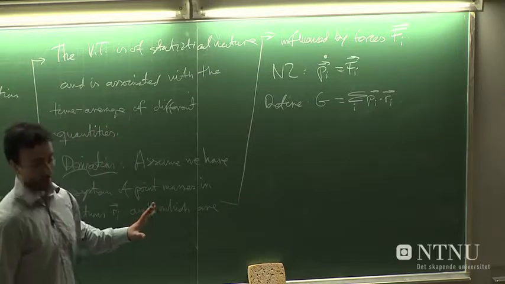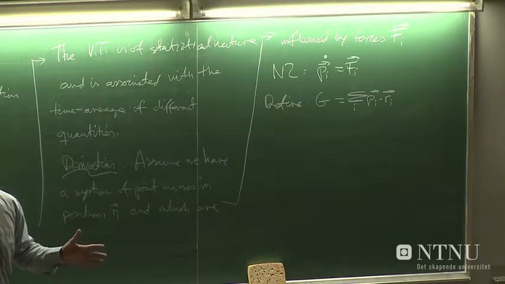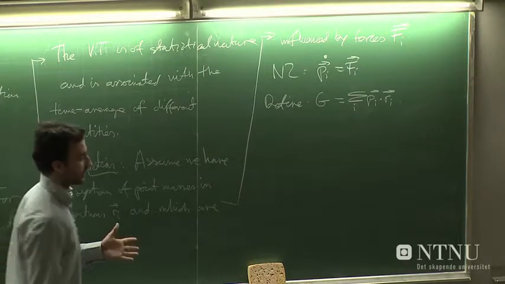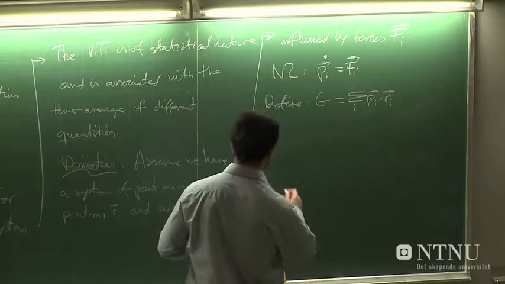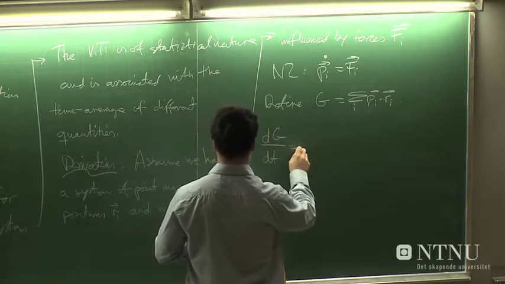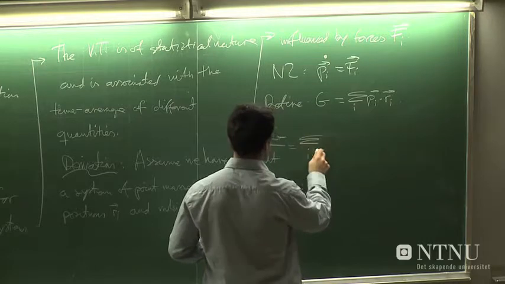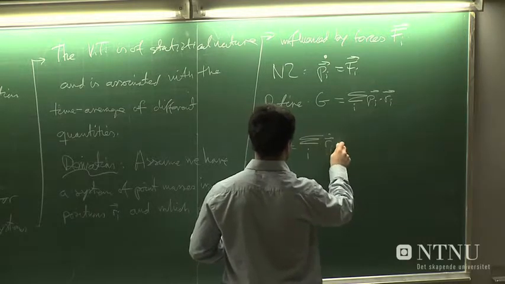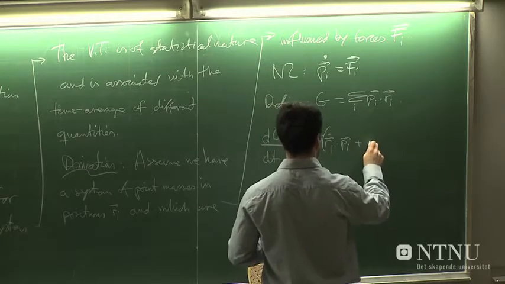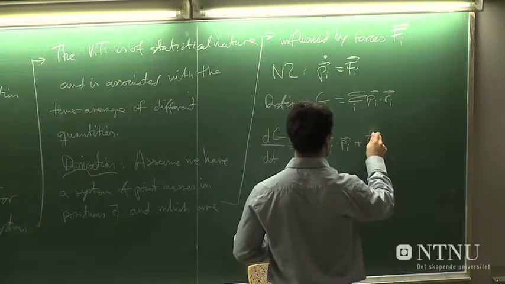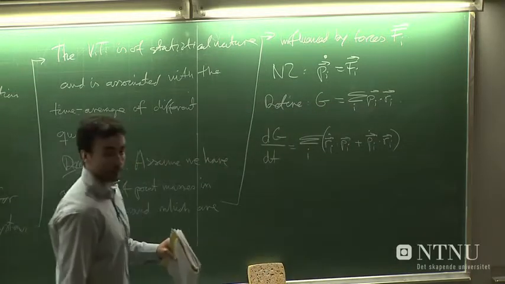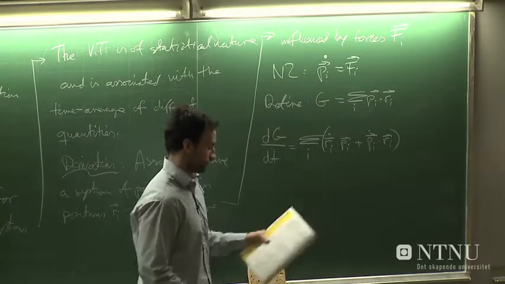So it might seem a bit artificial to introduce this quantity at this point, but you'll see why it's useful. So the time derivative of G would look like this.